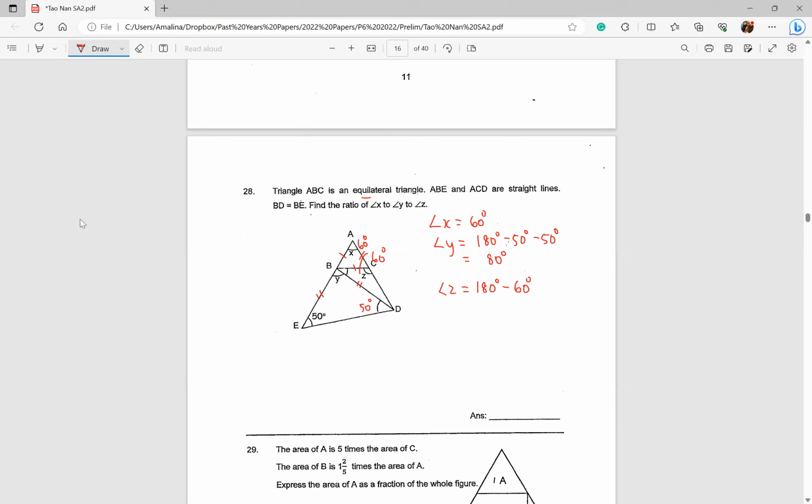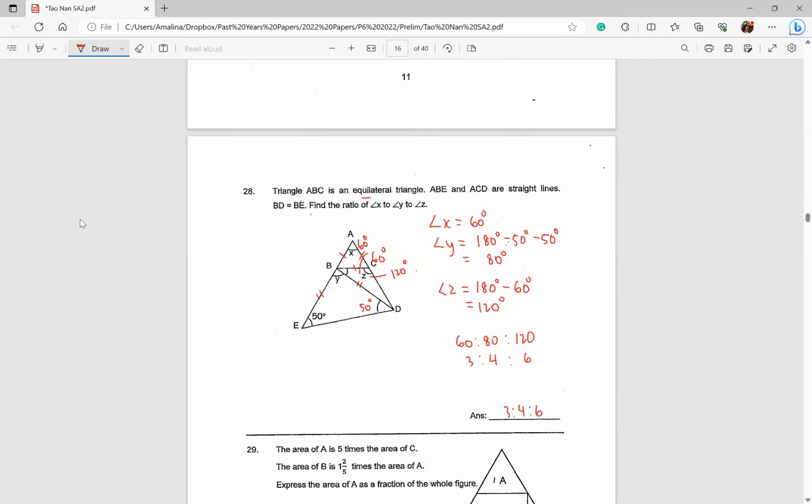So 180 minus 60, angle Z is 120 degrees. So how do I find my ratio? So 60 to 80 to 120. And you simplify this. So you get 3 is to 4 is to 6. Divide each of these by 20. So that's the answer for question 28.